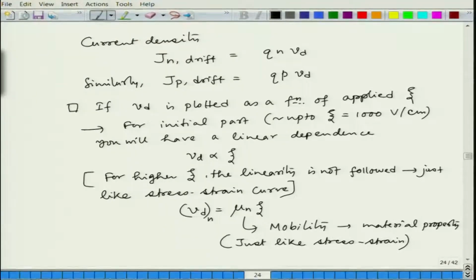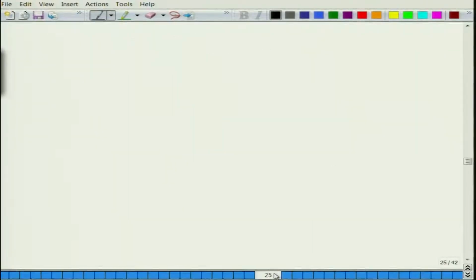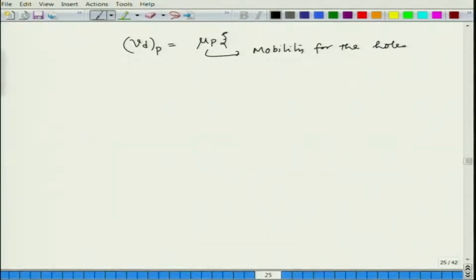So, this mobility is electron mobility. Similarly for holes you can write the mobility for the holes multiplied by xi, the field strength. Again, this is mobility for holes, and of course, mu n and mu p will not be equal. For any material it will be different because they have different mass, different motion, collisions and everything.